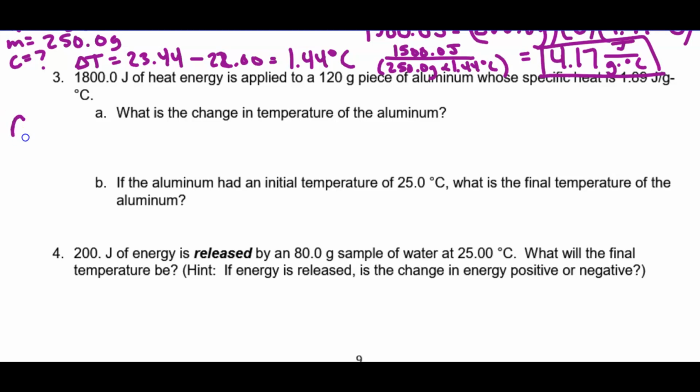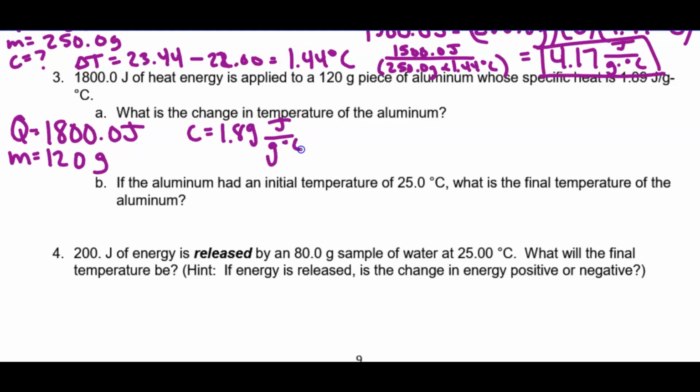So Q is 1,800, mass is 120 grams, C for aluminum is 1.89 joules per gram degree Celsius. Delta T we do not know, so we're going to solve for delta T.